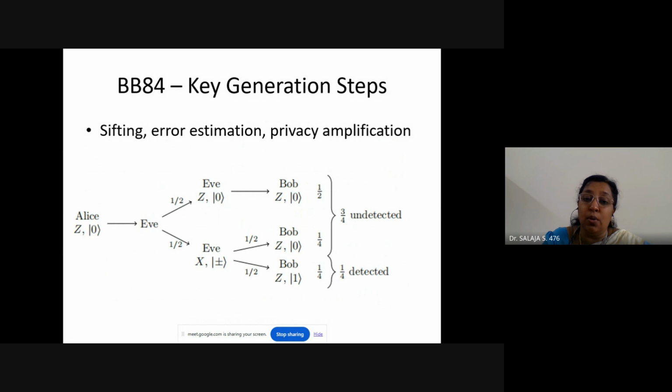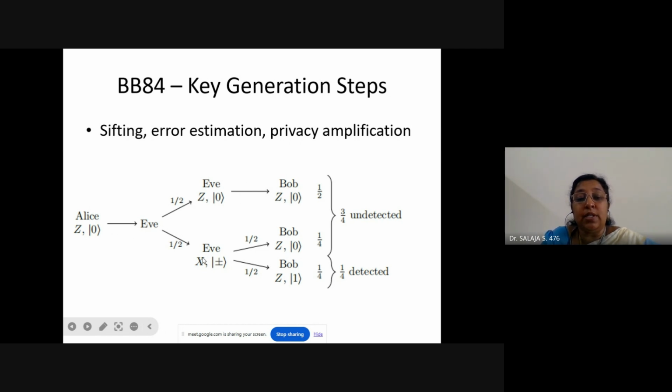Now Eve has two options. Eve can apply Z with ket 0 with half the probability, and the other half she can choose an X base. If Z base is obtained, it is being received by Bob. The same what has been sent by Alice is received by Bob, and the presence of Eve goes undetected.